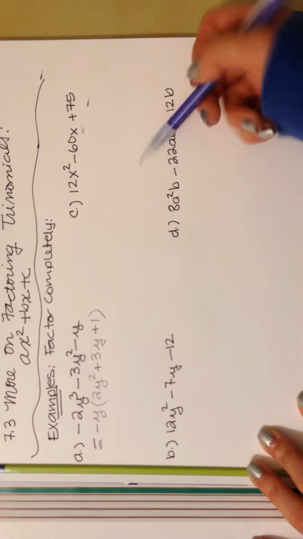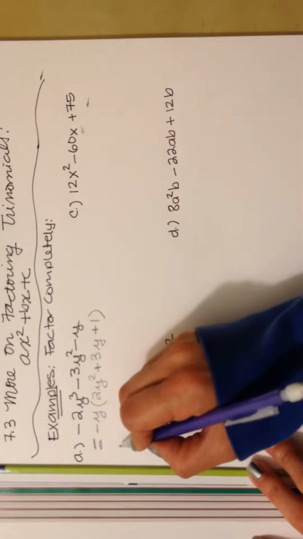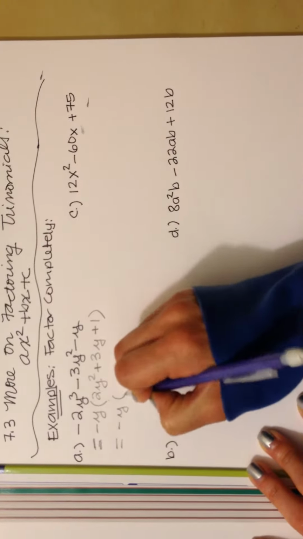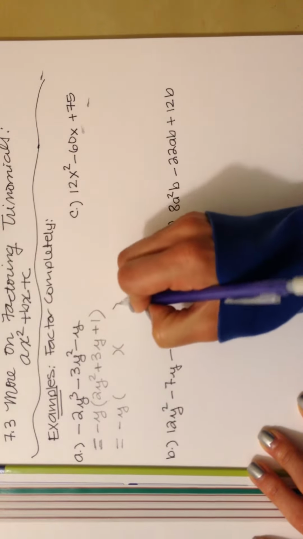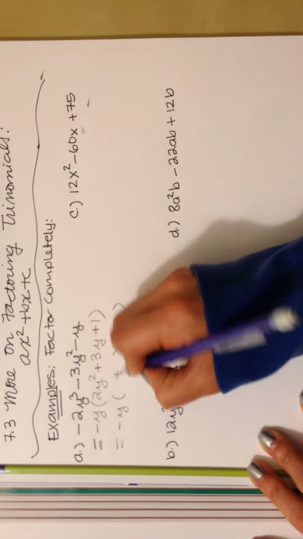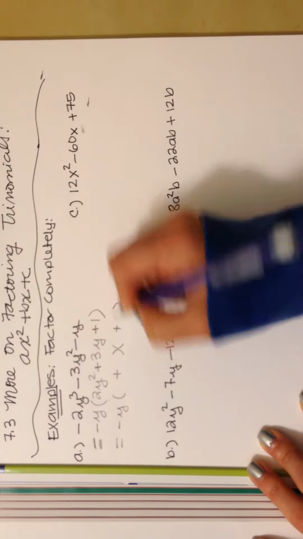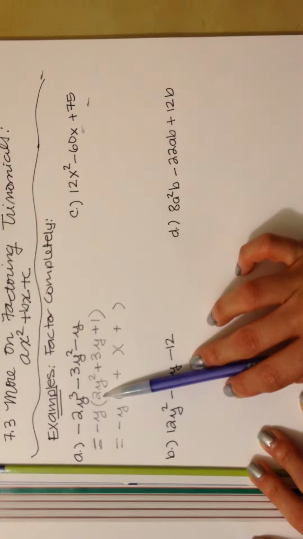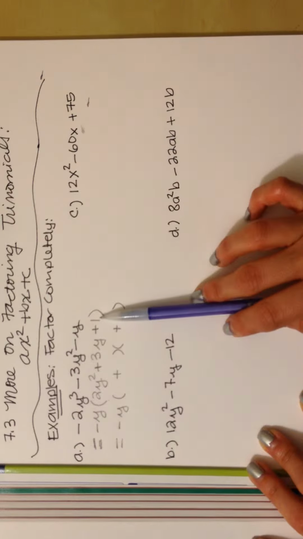Okay, now we need to factor the trinomial in the parentheses, and so bring down negative y. You need two parentheses. According to the sign rules from 7.2, we have the same sign, so both are positive. And we now need to look at factors of the first term and factors of the last term.